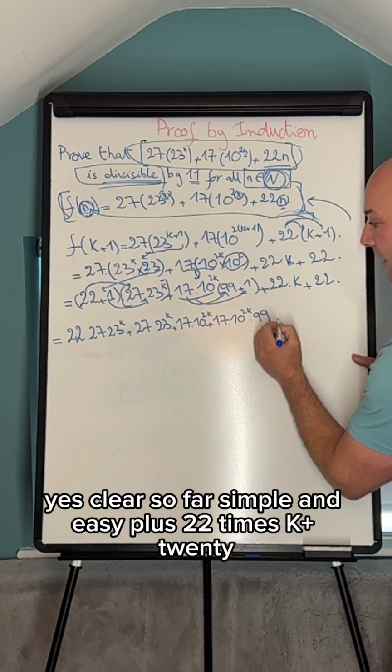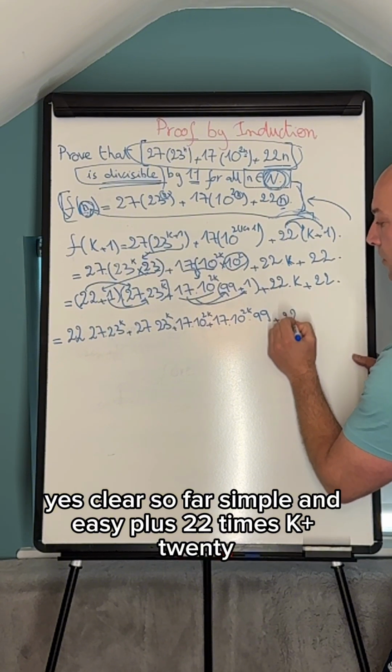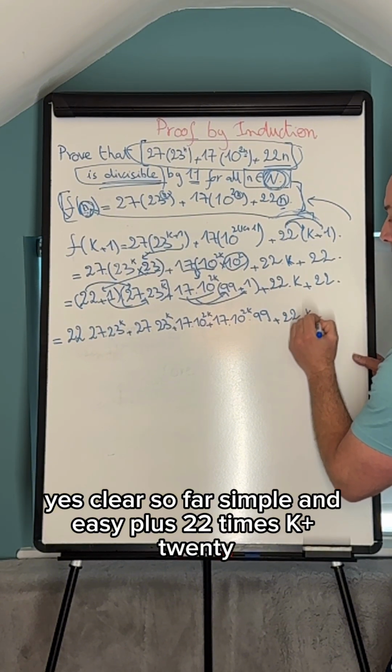Yes, clear so far? Simple and easy. Plus 22 times k plus 22.